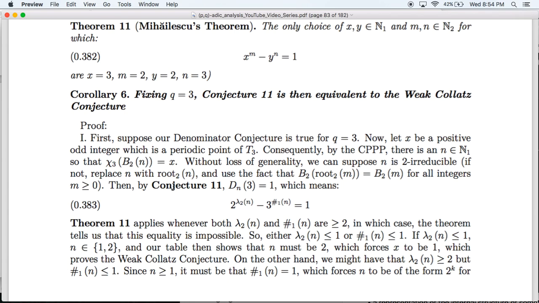If not, we'll replace n by its 2-adic root, and then we just use the fact that b2 sends the 2-adic root of a number to the same thing as the number itself. Then, by our assumption of the truth of the denominator conjecture, because this is an integer, dn of 3 must divide nn of 3, which forces dn of 3 to be 1.